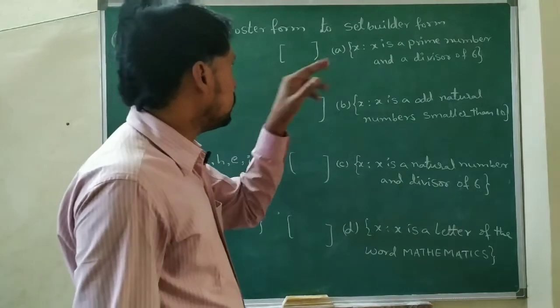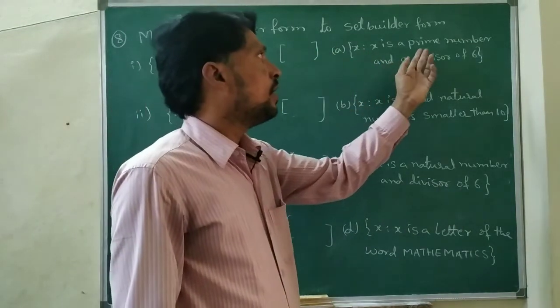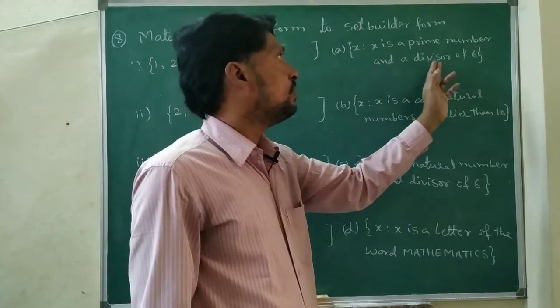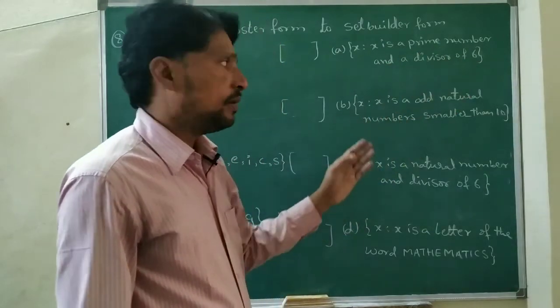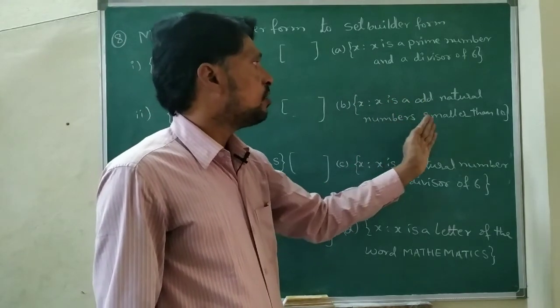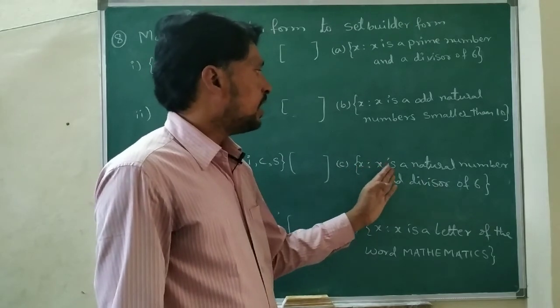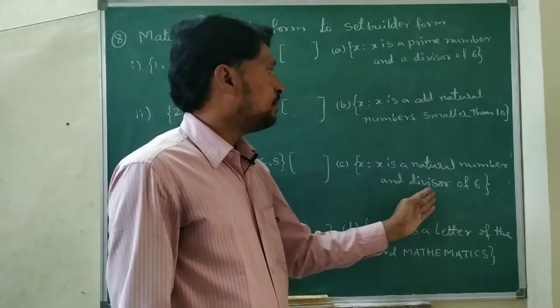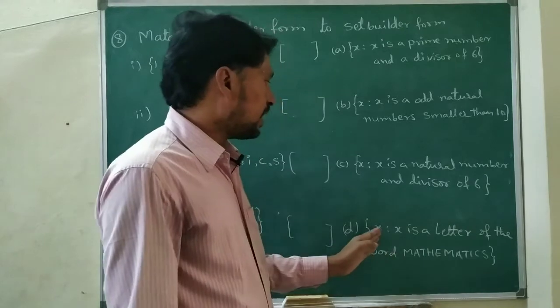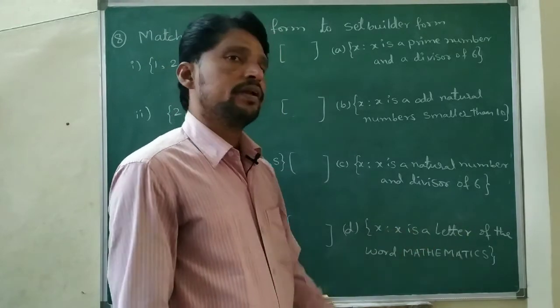All of these are given in roster form. In set builder form: A, x such that x is a prime number and x is a divisor of 6. B, x such that x is an odd natural number smaller than 10. C, x such that x is a natural number and a divisor of 6. D, x such that x is a letter of the word mathematics.